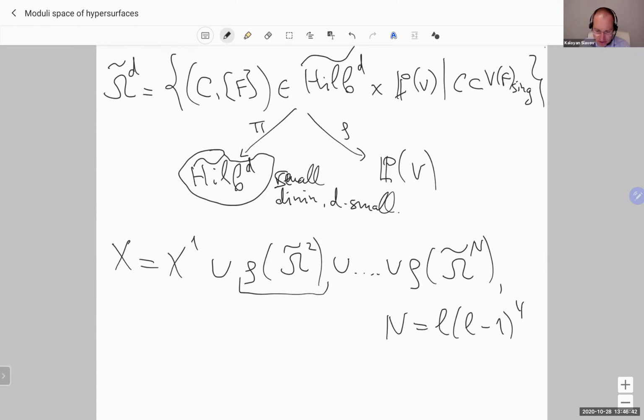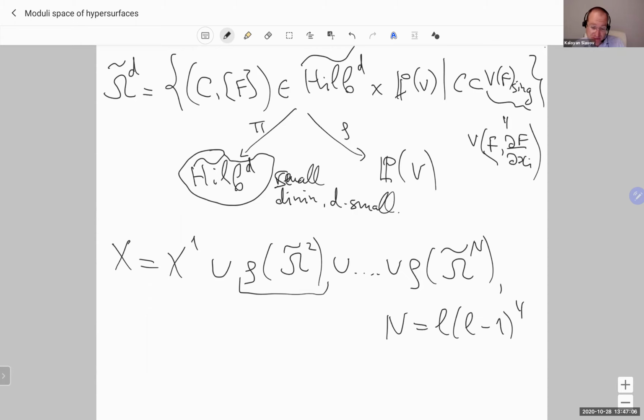Now, our singular locus, V of f singular, is the vanishing of f and df dxi, the partial derivatives. So it's determined by the vanishing of something of degree L and 4 partial derivatives of degree L minus 1. And this capital N, by Bézout's theorem, is a bound on the sum of the degrees of all the irreducible components.